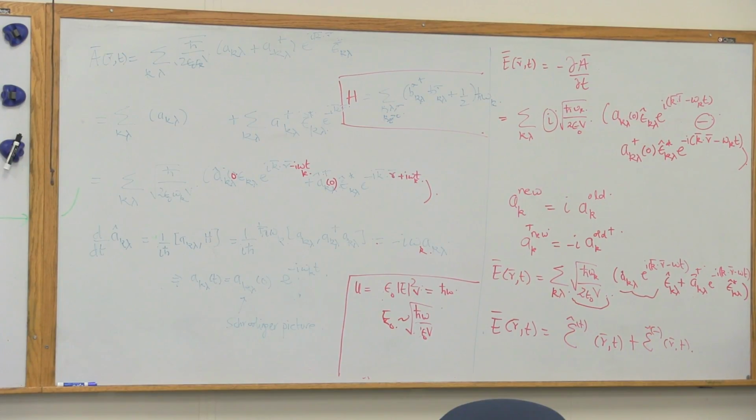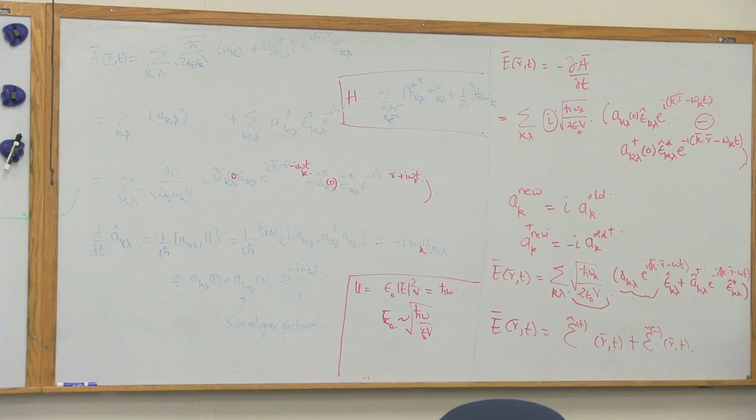Just finishing up, this E plus of r, t is just a summation over k and lambda. And E minus is obviously just the adjoint of this expression.